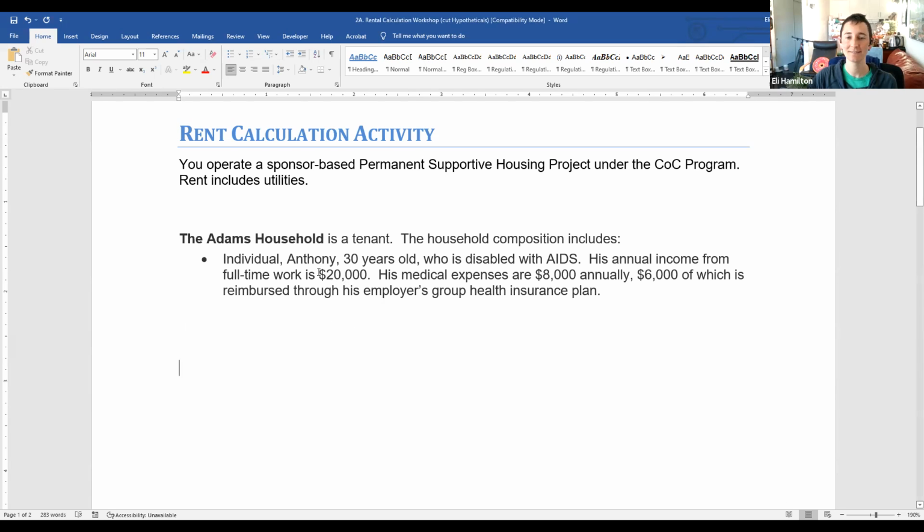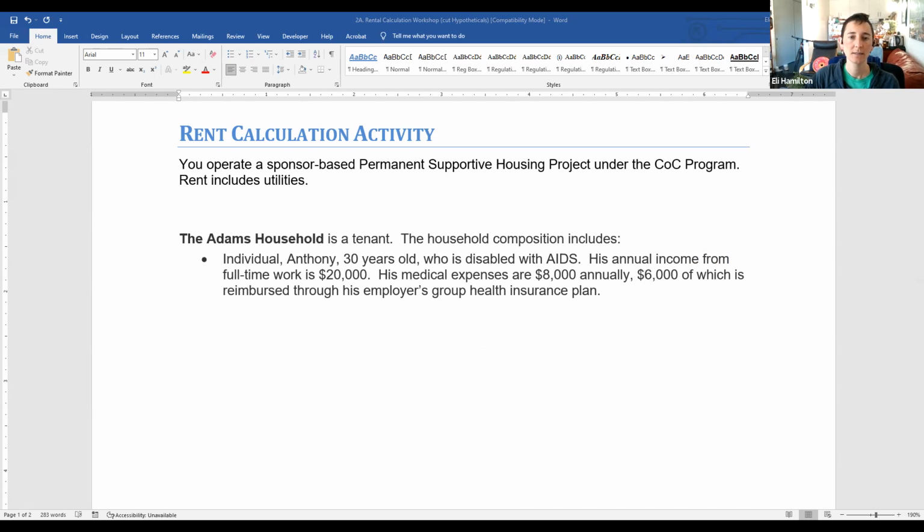Yeah. Big one, $20,000, that's his income. It's really important. And then we know his medical expenses and the fact that they're getting reimbursed, that's going to come into play. Is there any other information that might be relevant when we're calculating his rent contribution? Yep. He has an HIV/AIDS diagnosis, which means that his disability may come into play for sure. Okay.